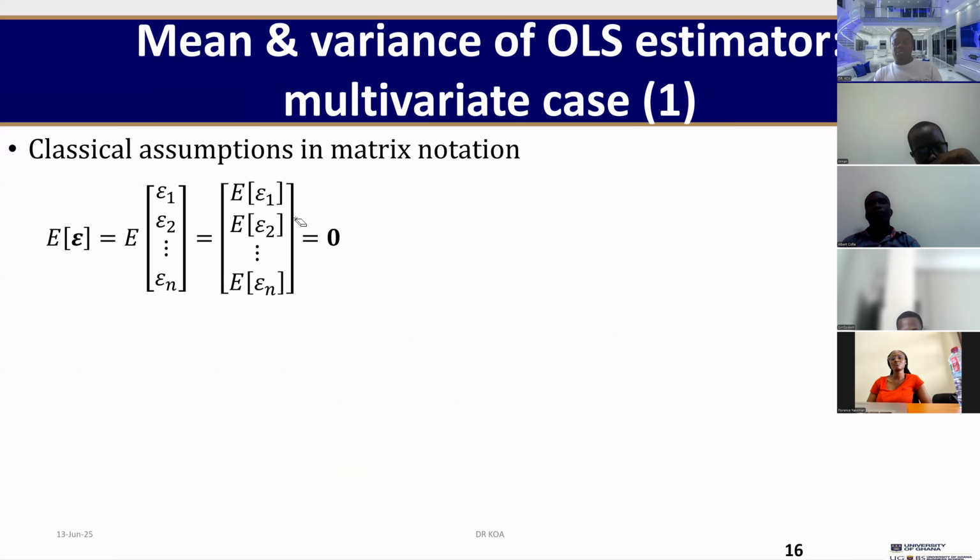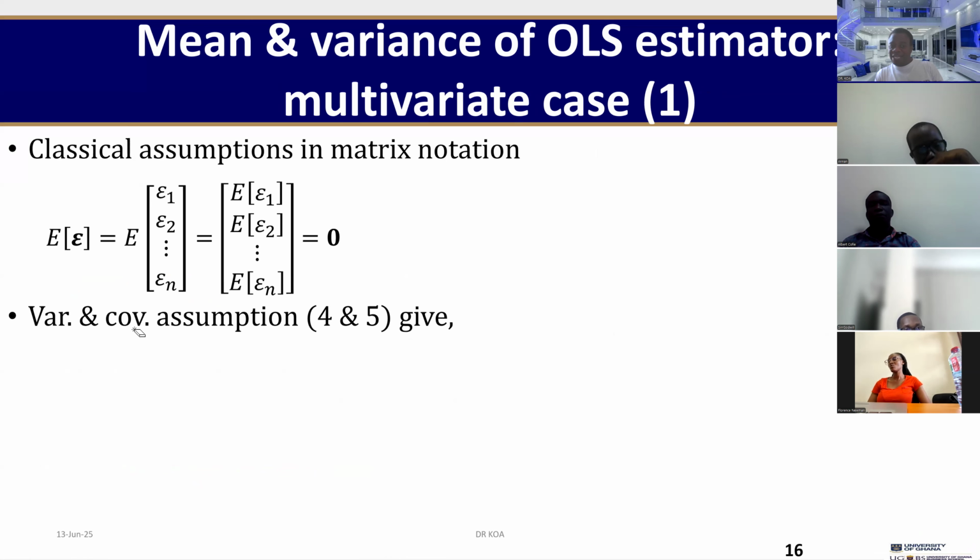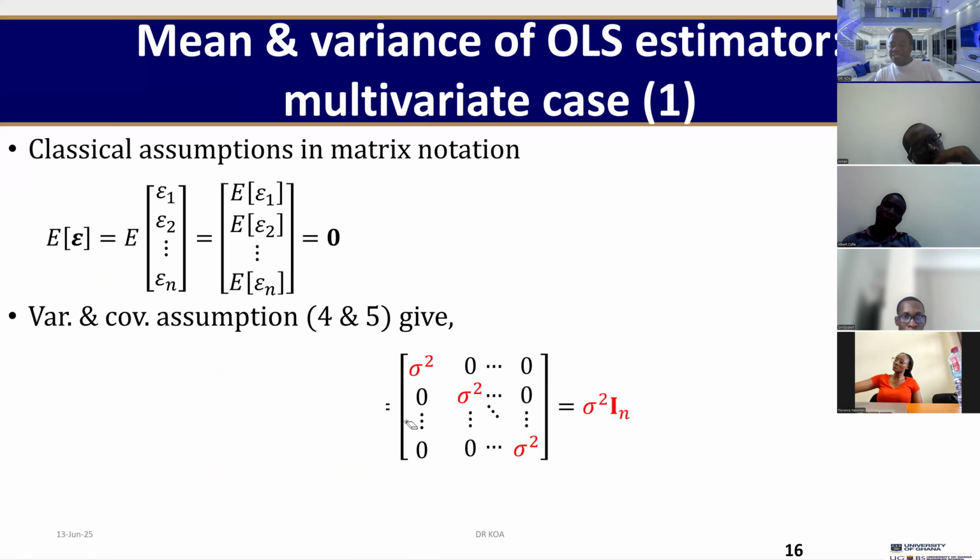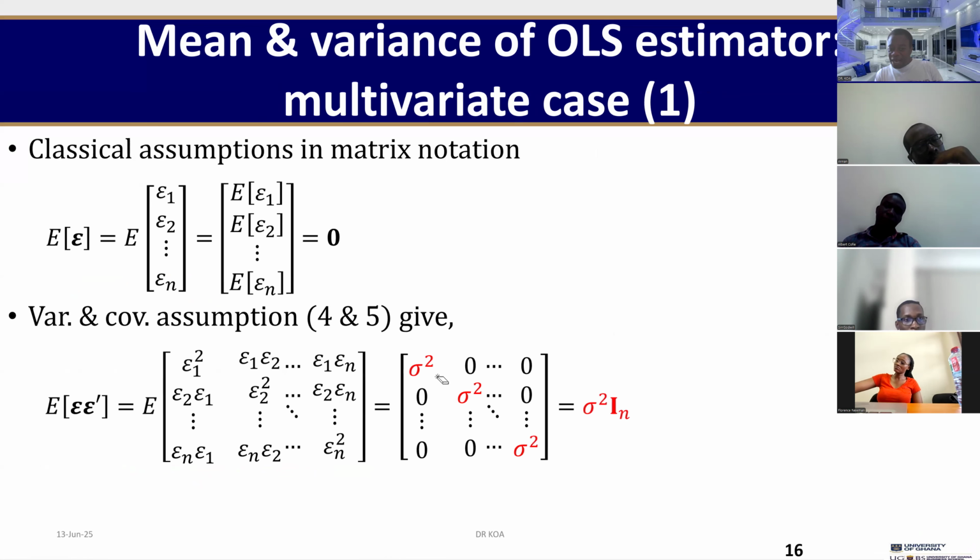The classical assumption of what we've done is the simple case, or the bivariate case. In a multivariate case, the same thing happens. The expected value of the error is supposed to be 0. The variance and the covariance assumption that we knew of, we indicate that all the diagonal elements here, okay, are constant, and then the off-diagonal elements are 0.